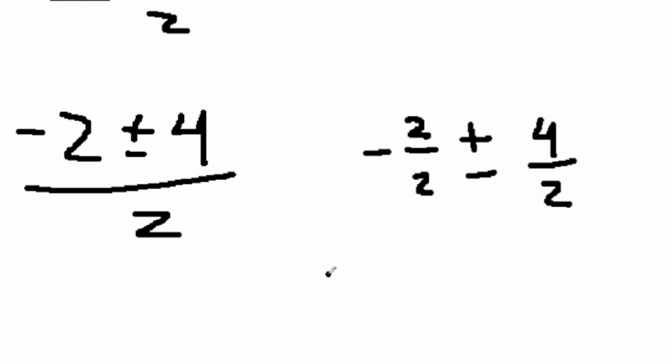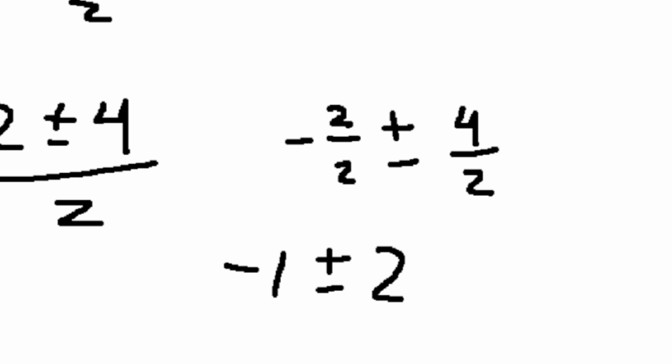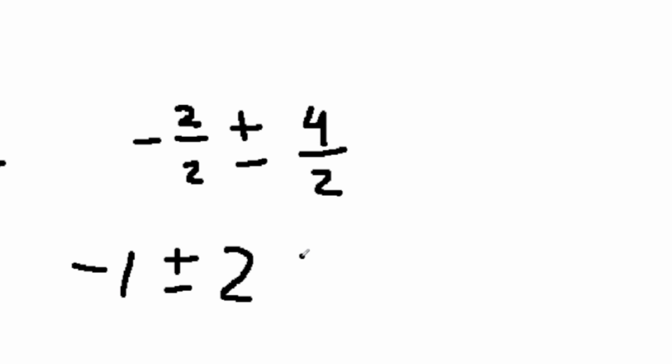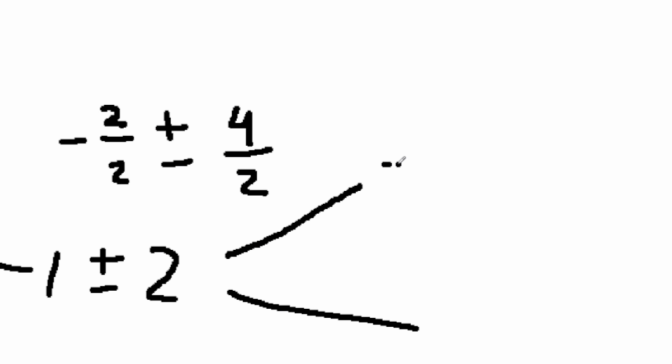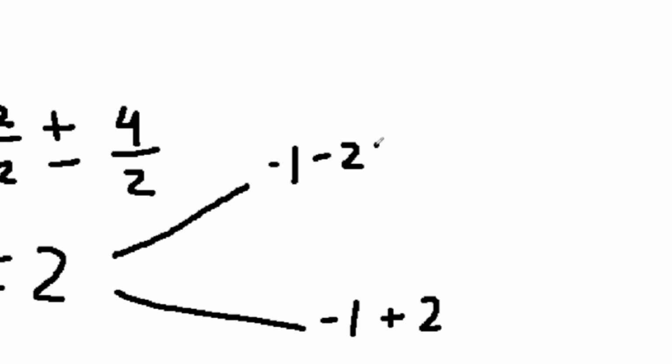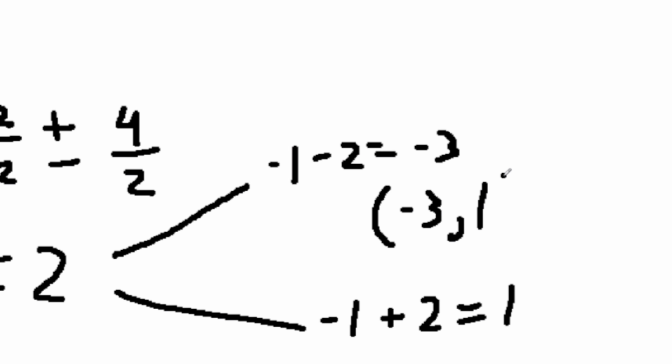Minus 2 over 2 is minus 1, plus or minus 4 over 2 is 2. Now let's substitute what this is. So we have two answers we can get from this, because we have a plus or minus symbol. We have minus 1 minus 2, or minus 1 plus 2. Minus 1 minus 2 is equal to negative 3, and negative 1 plus 2 is equal to 1. So our answers come out to being negative 3 or 1.